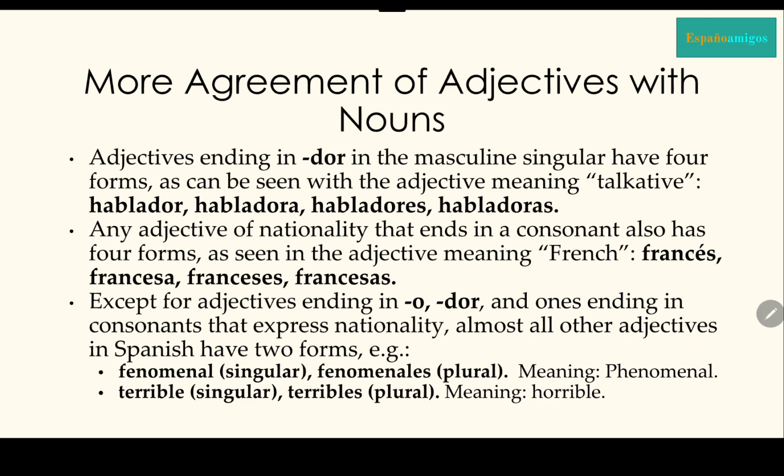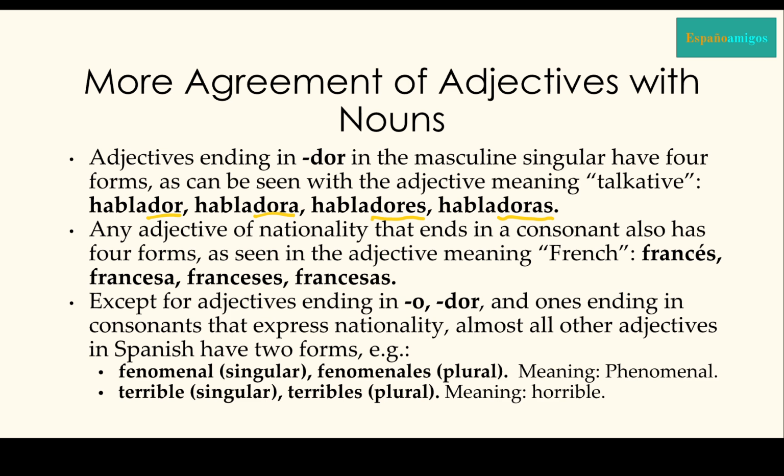As you can see, we have hablador, a talkative man, habladora, a talkative woman, habladores, talkative men, and then habladoras, talkative women, right? So we have the four forms explaining the man and the woman, men in plural form, and women in plural form.